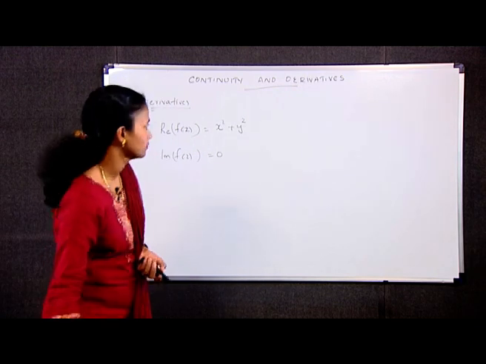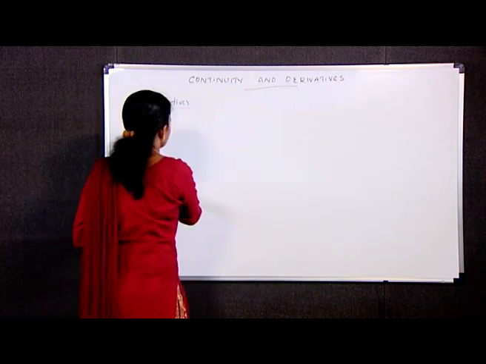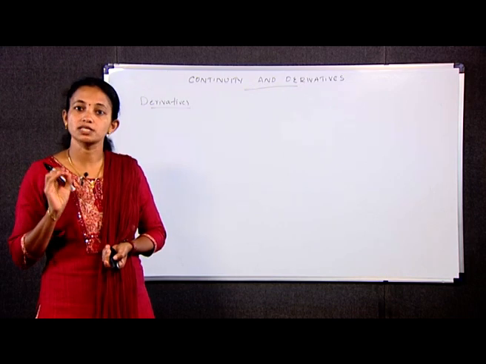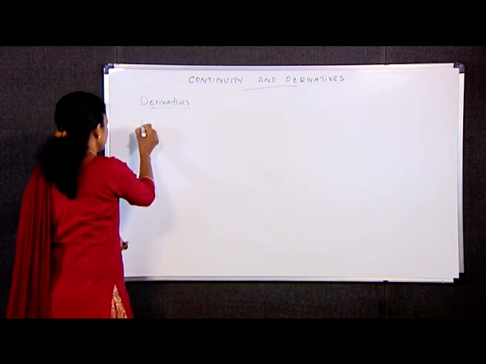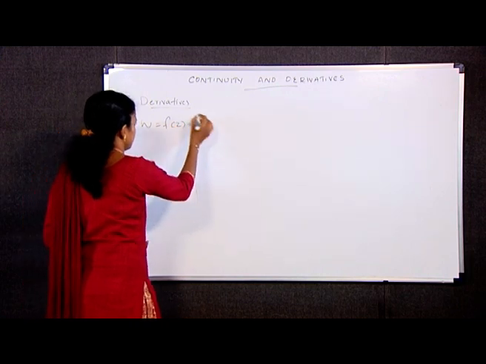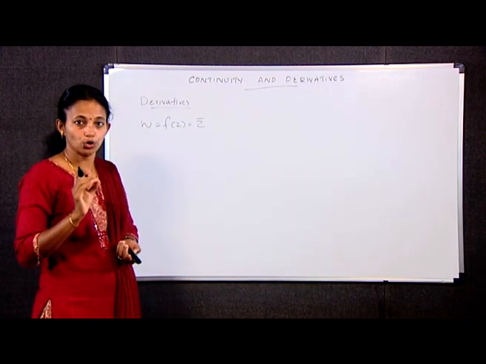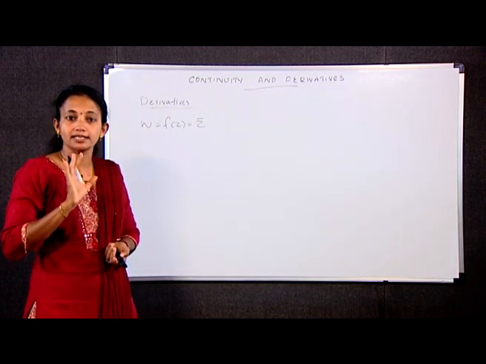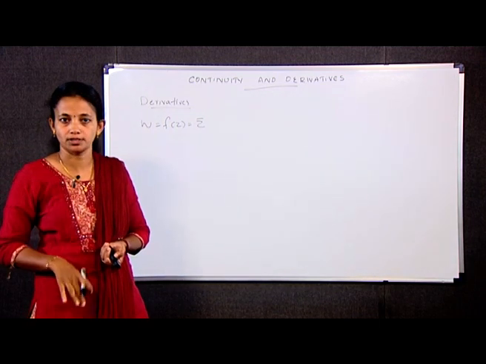Next example. If w is equal to f of z, which is equal to z bar, show that dw by dz does not exist at any point.